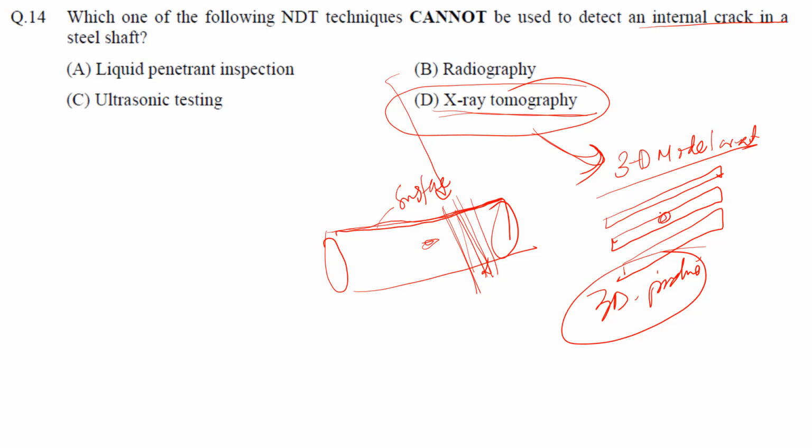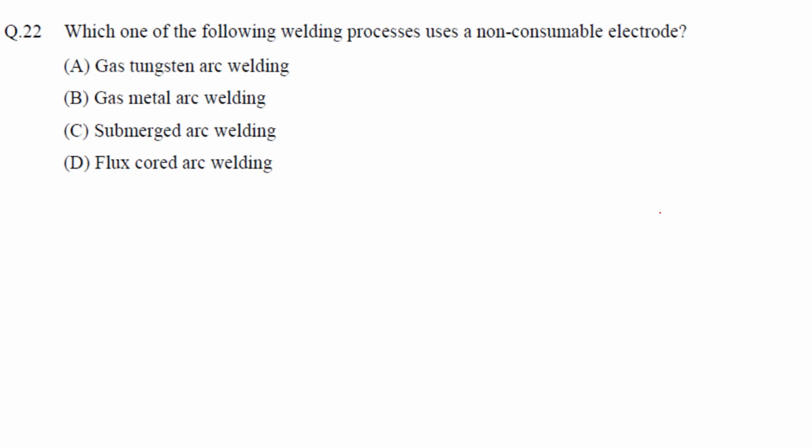Next, which one of the following welding processes uses a non-consumable electrode? Gas tungsten arc welding, yes. In the TIG process, we use a non-consumable electrode.